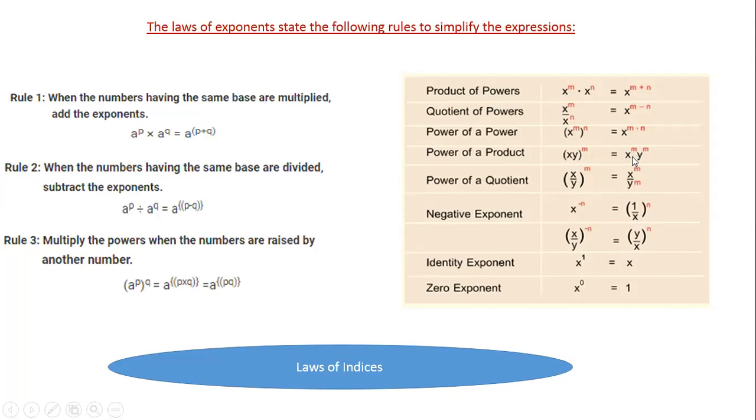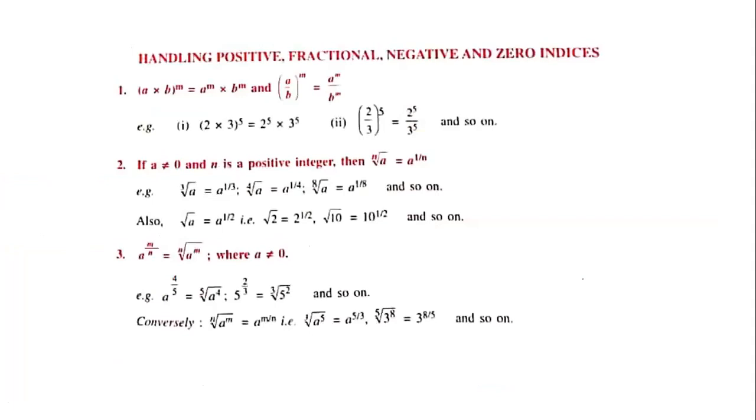There are so many ways to handle the positive, fractional, negative and zero indices, like a times b power m is equals to a power m into b power m. If you find two numbers in a product and something raised to power of that product, then you can write that power on both, a power m into b power m.